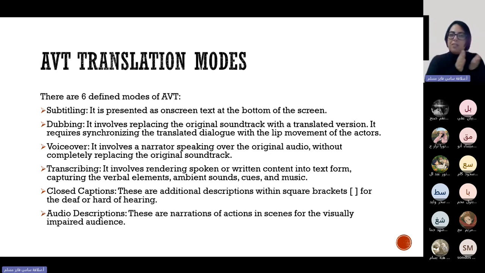So this is the difference between dubbing and voice over.